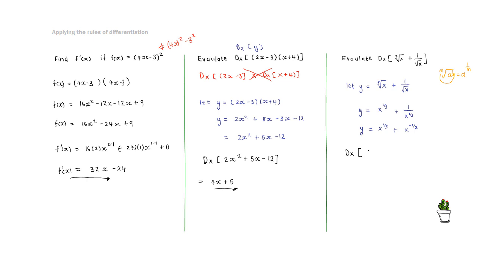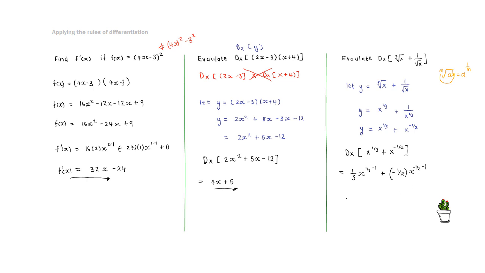Okay, so now you can put it back in the dx operator. So dx of x to the exponent 1/3 plus x to the exponent negative a half equals 1/3 times x to the exponent 1/3 minus 1, plus minus a half times x to the exponent minus a half minus 1.